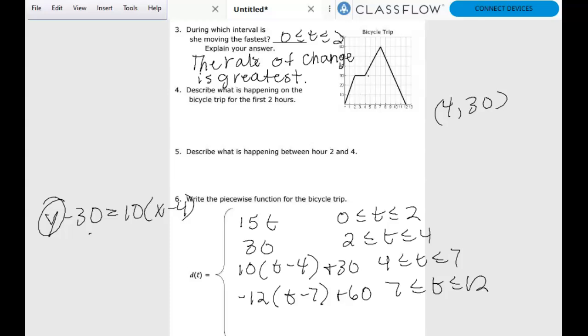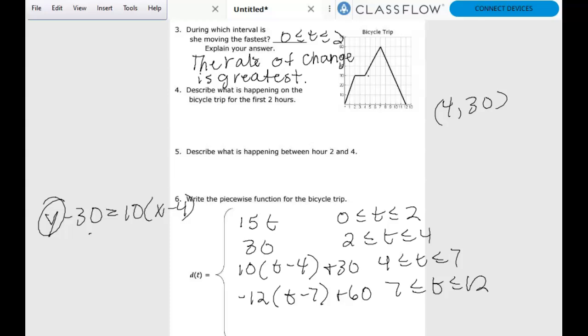That is true. How else could you say it? What is it? It's her average rate of change, right? Is the rate of change positive or negative? So it's increasing. Any of those sentences would work.